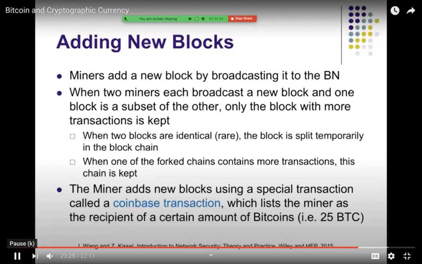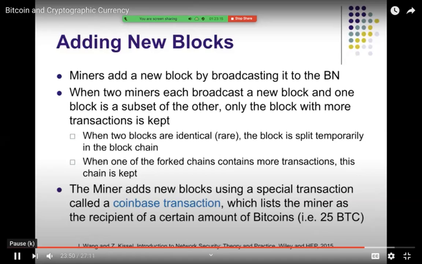The miner then adds a new block using a special transaction called a Coinbase Transaction, which lists the miner as the recipient of a certain amount of Bitcoins as its reward, because now his work is successful. I'm putting a new block into the chain, and I should get a reward for my hard work.